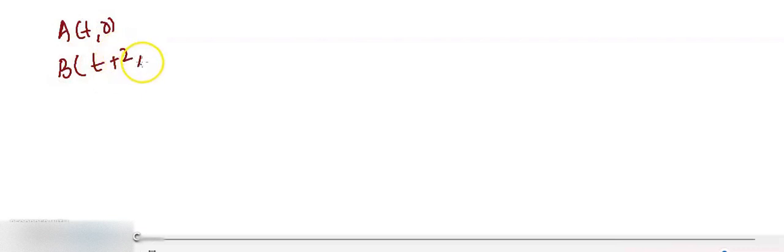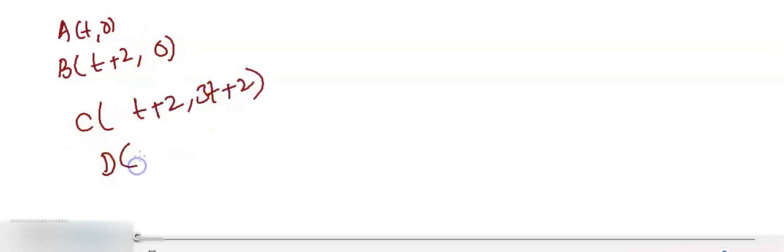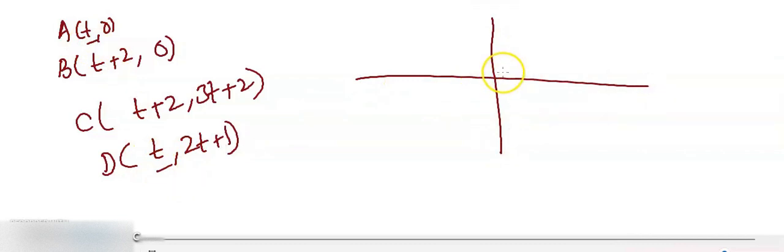Then we have a question that is related to trapezium. Let's discuss that part. So it's a trapezium and the points are A is (t, 0), B is (t plus 2, 0), C is the point (t plus 2, 3t plus 2), and D is the point (t, 2t plus 1). If you note, A and D have the same x coordinate, so that is t. Let's say my t is over here.